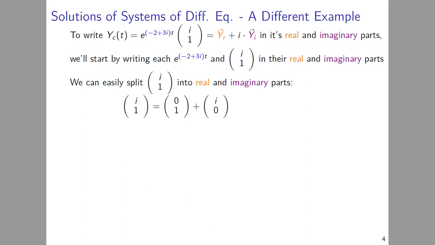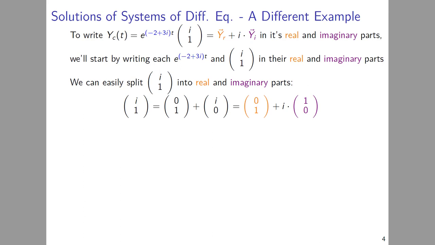And then in the vector i, 0, we can factor out i, so we have 0, 1 plus i times 1, 0. The vector 0, 1 is the real part of our vector, and the vector 1, 0 is the imaginary part. Again, even though it's called the imaginary part, it is a completely real vector. Just its coefficient is i.